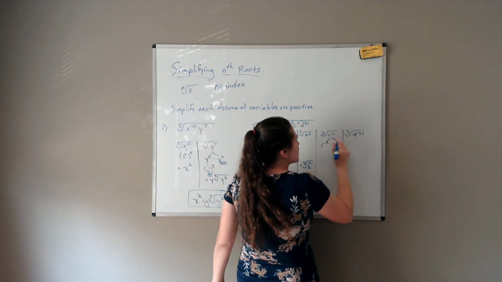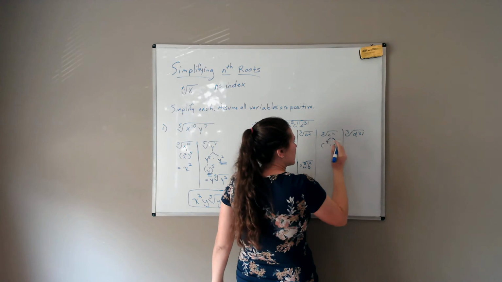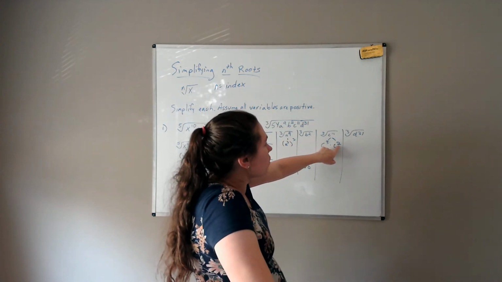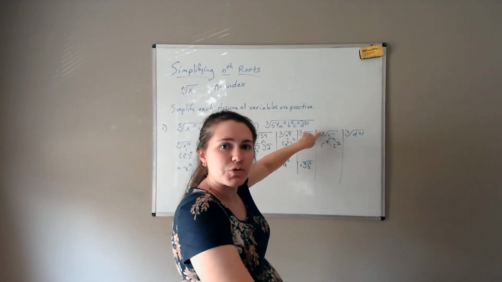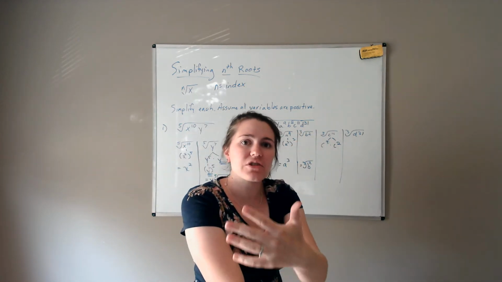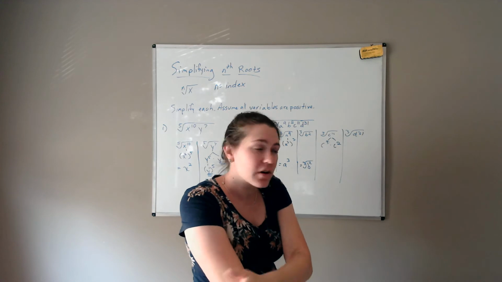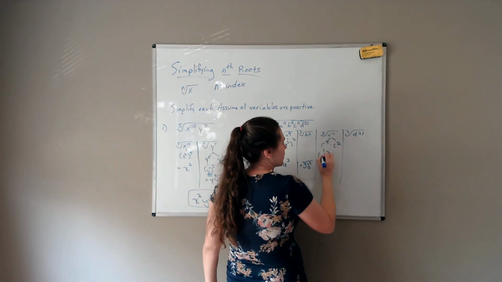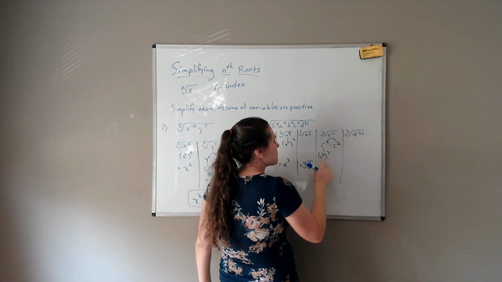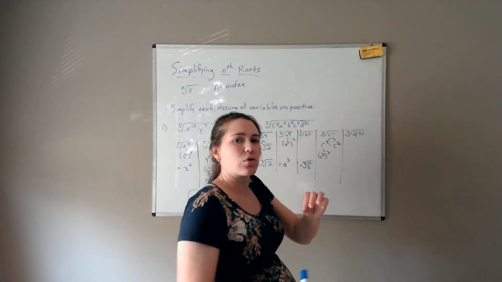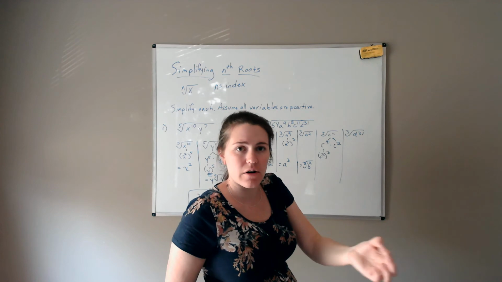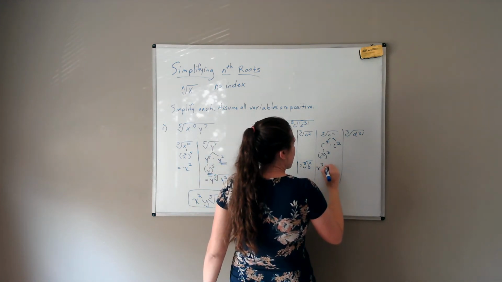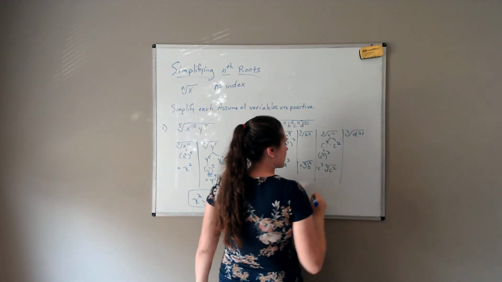If these are the leftover factors, this exponent should always be less than the index, because if it was greater, that means there's more that you can simplify out. So c to the 9th is the same as what to the 3rd power? C to the 3rd. That means you're able to make 3 equal groups of c to the 3rd. So this becomes c to the 3rd times the cubed root of c squared.